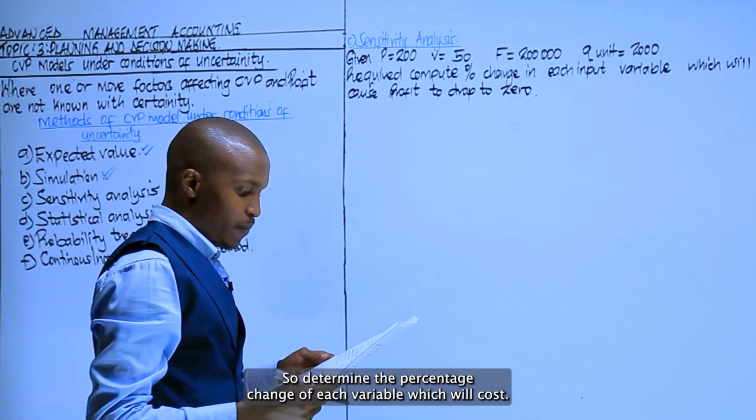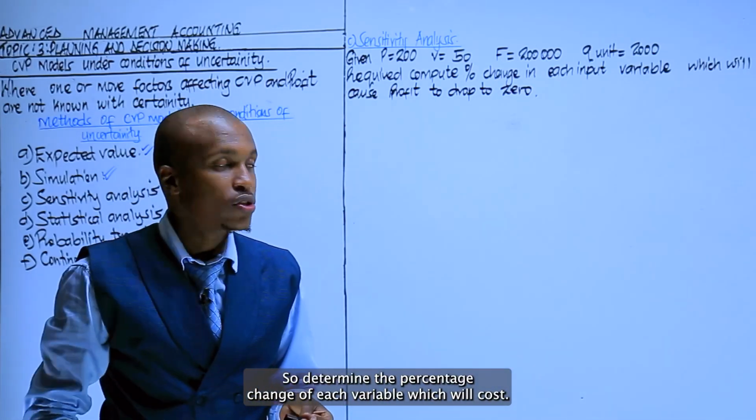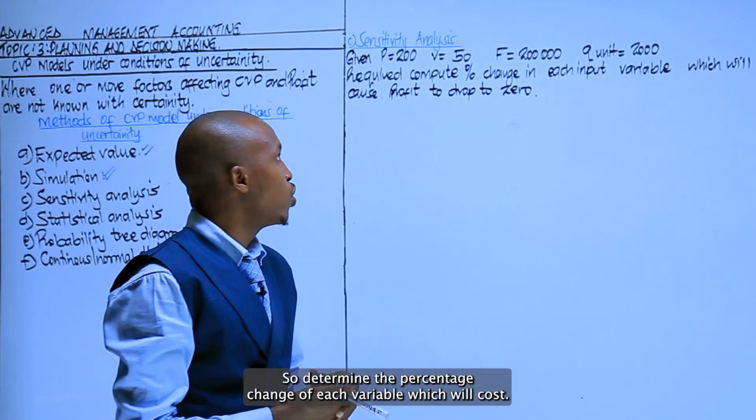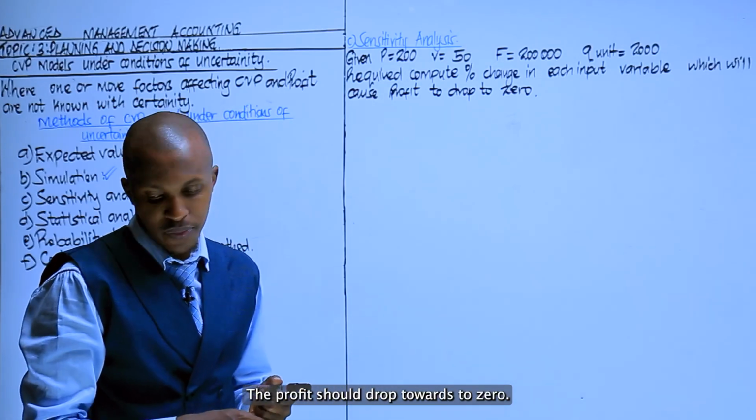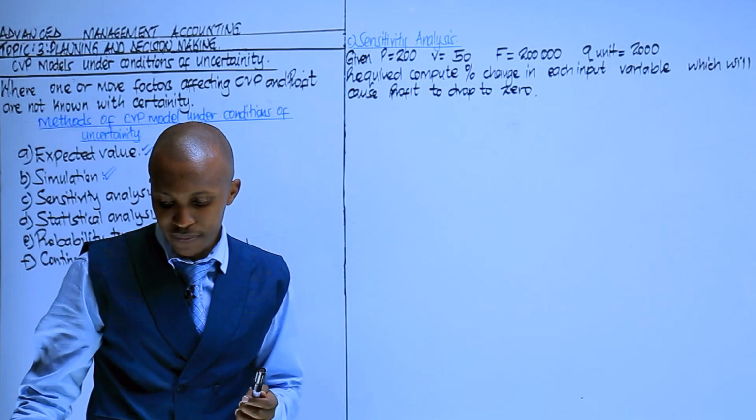So determine the percentage change of each variable which will cause the profit to drop to zero.